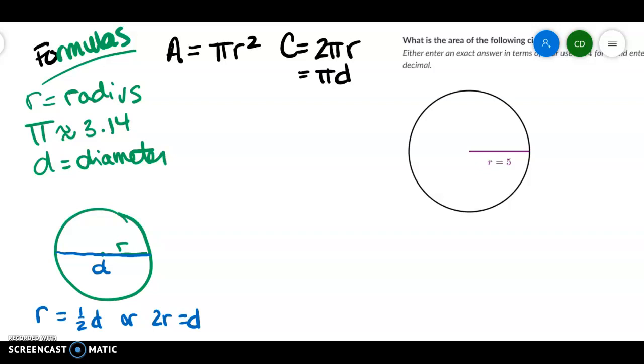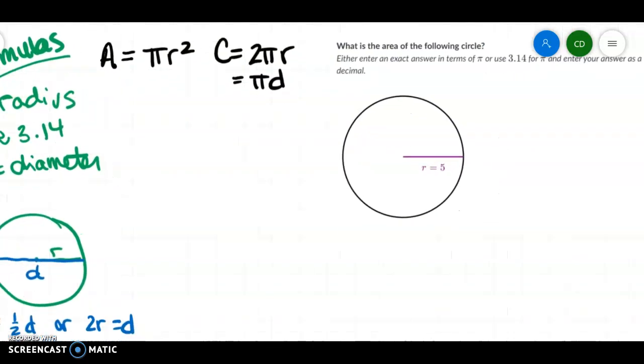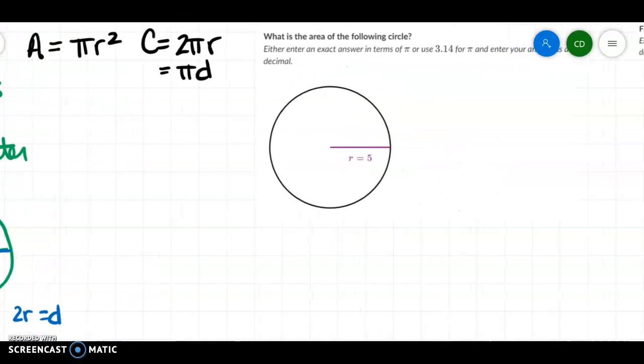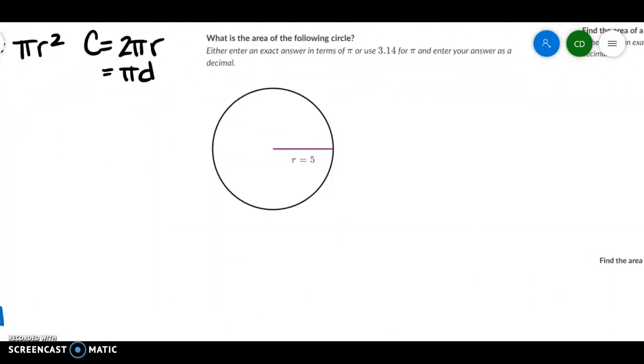So we are going to find the area of a circle. First things first, we're just going to look at this problem, right? It says, what is the area of the following circle? Either enter an exact answer in terms of pi.